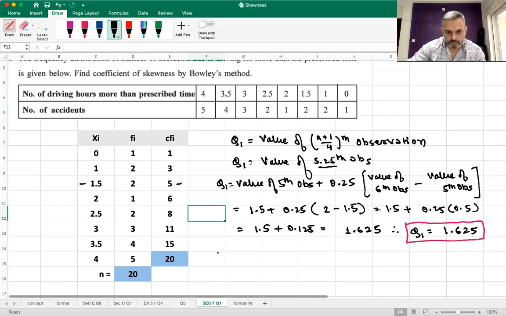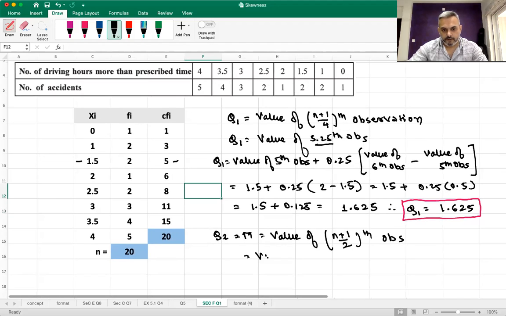Okay, Q2, that is median, which is equal to value of n plus 1 upon 2th observation, which is equal to value of 21 divided by 2, which is equal to 10.5th observation.